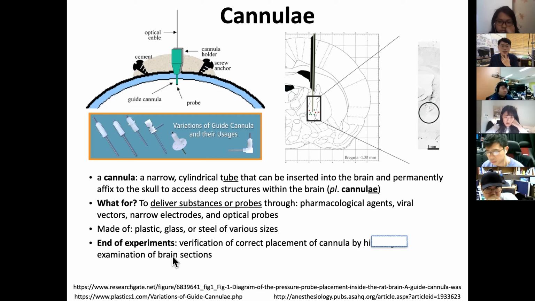Let's say, Hanjinu, can you guess what this is? Histological. Exactly, yes. You always have to prove yourself after finishing: you fix the brain and cut it, and then show that the location you injected is, in fact, the right place.